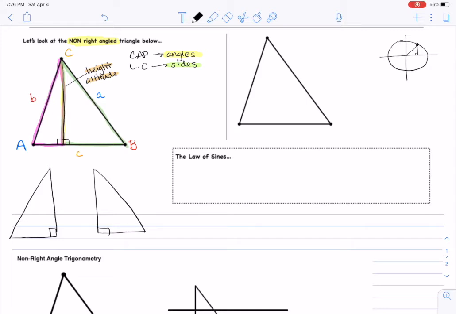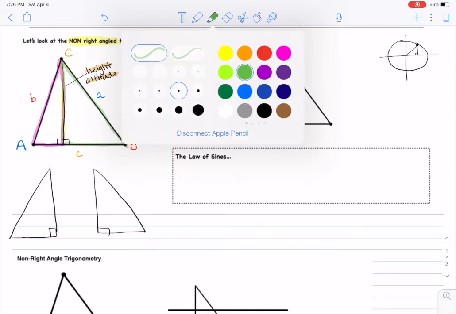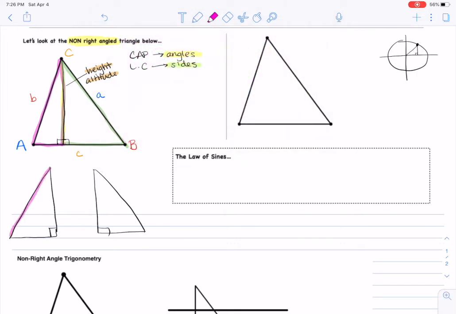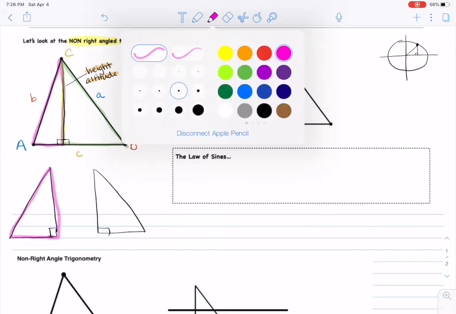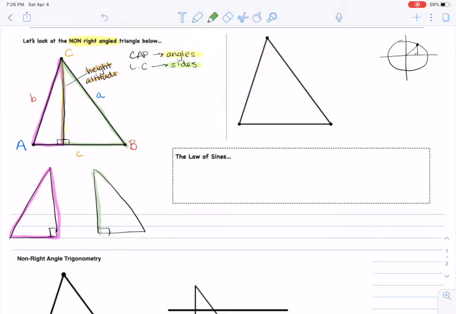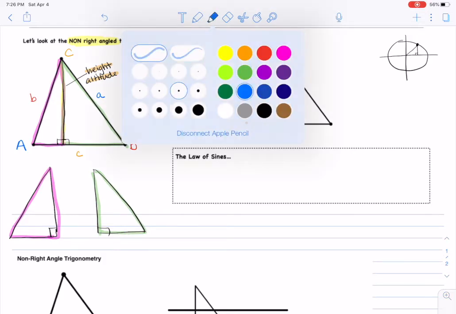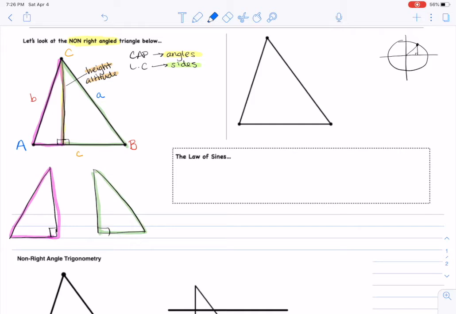Okay, so if I look at what I know so far, let me color code it. So this is the triangle on the left-hand side. And this is the triangle on the right-hand side. Okay, so let's go back to our letters right here. If I look at the pinkish triangle, I can see that I know this angle down here in the bottom corner. That's capital A. I also know this right here on the side is lowercase b.